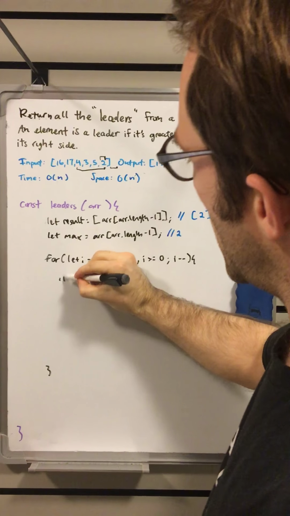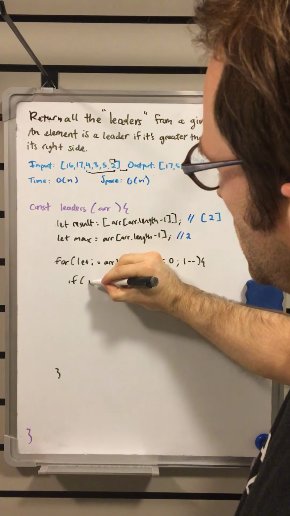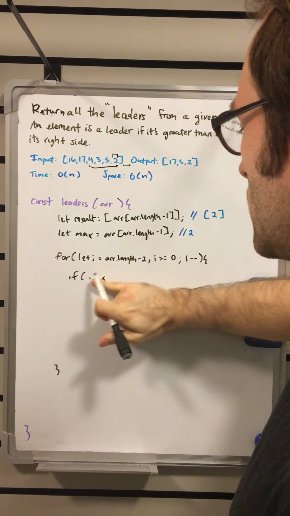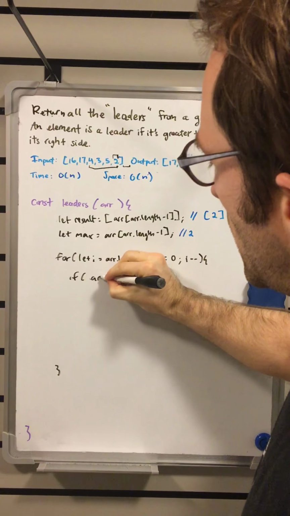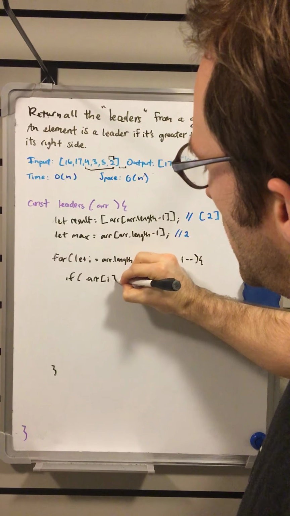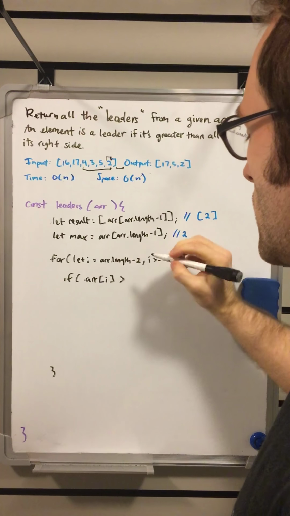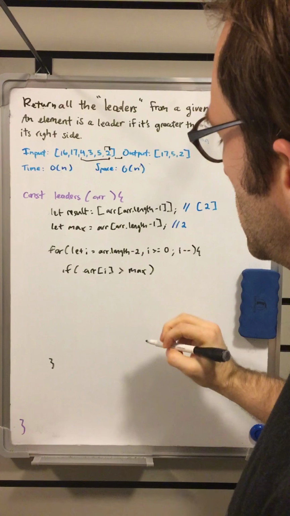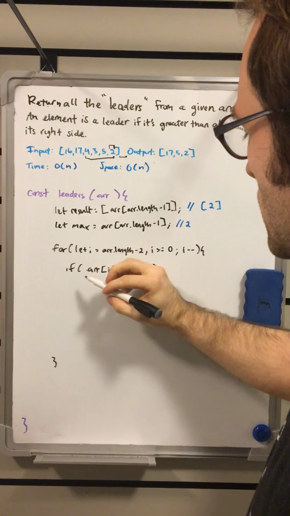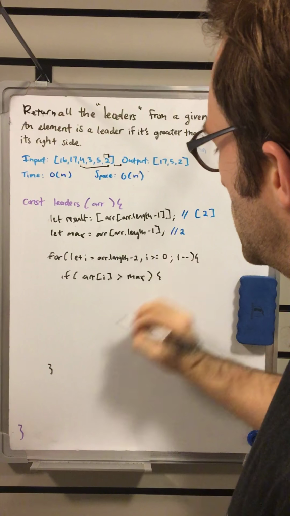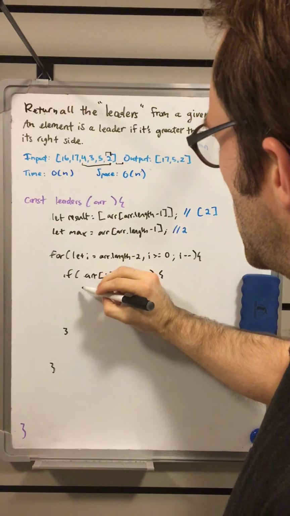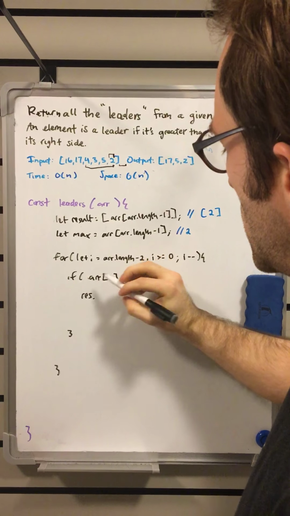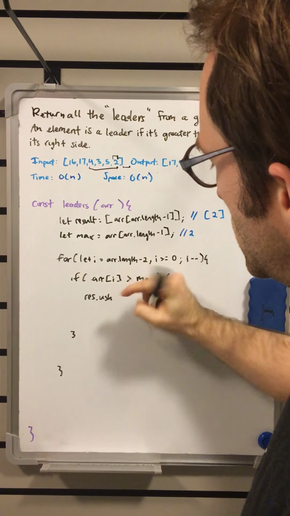And then we're just going to ask a simple if: if the current element, array at i, is greater than the max, then we want to take that element and say res.unshift.